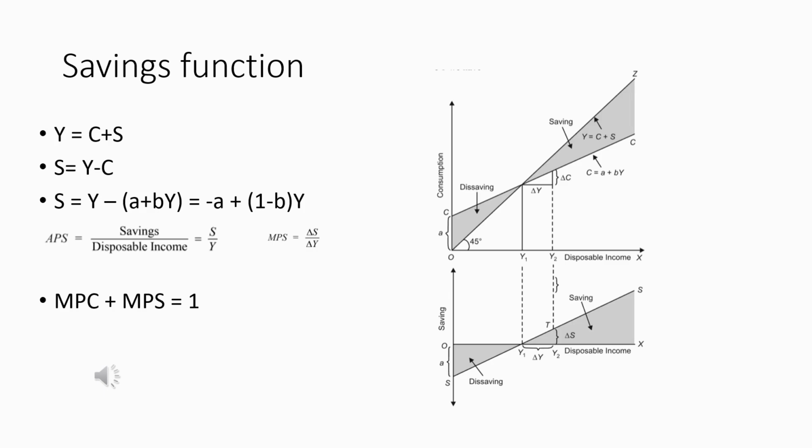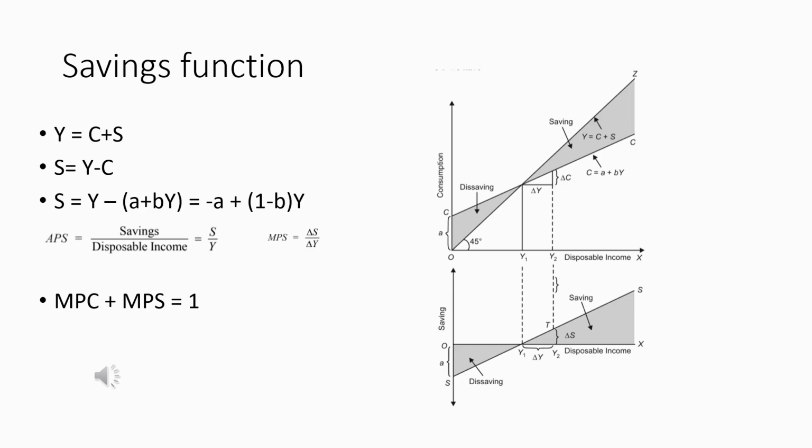Let us give a numerical example. Suppose the consumption function is given as C = 150 + 0.8Y. S = Y - C. Substituting the given consumption function for C, we have S = Y - 150 - 0.8Y, which will finally give us the equation S = -150 + 0.20Y.